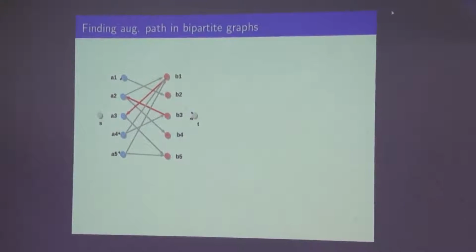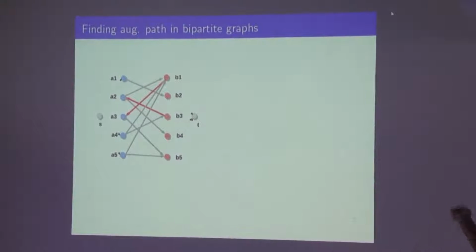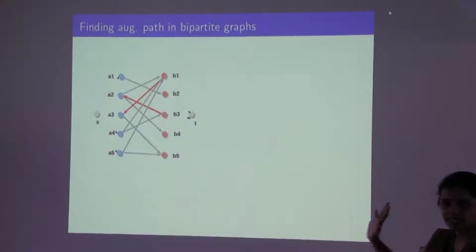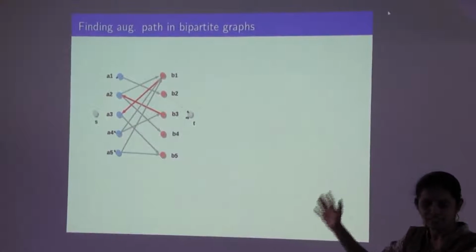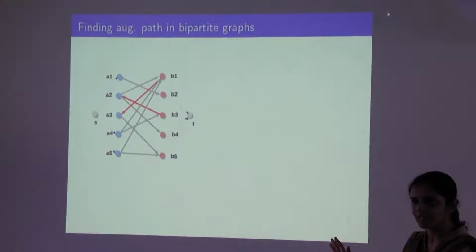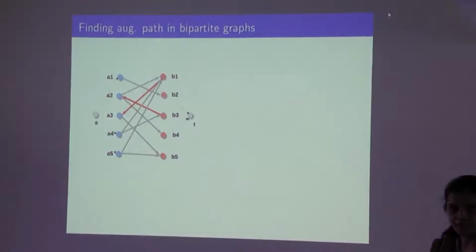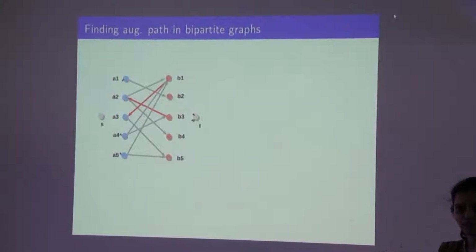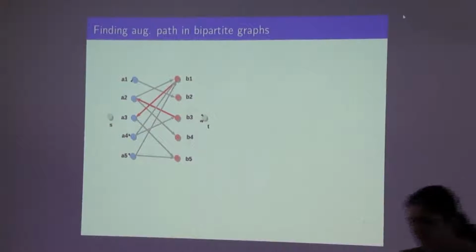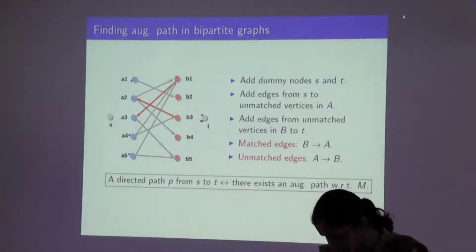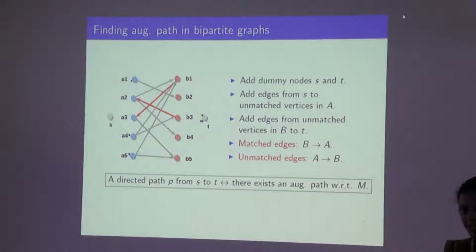For every vertex on the B side which is unmatched, it connects to T. Matched vertices do not connect, and then you direct the edges of the original graph in the following manner. Matched edges go from B to A, and unmatched edges go from A to B. Once you have this, you can easily show that every augmenting path in the original graph corresponds to a simple directed path from S to T, right?